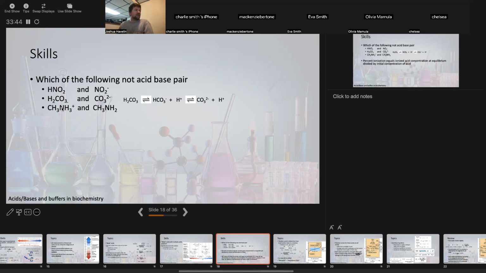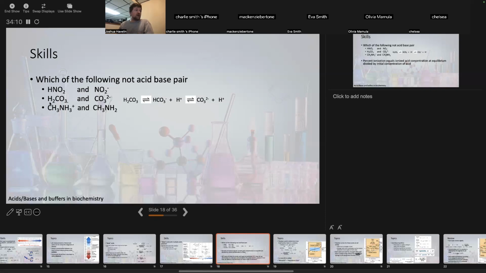CH3NH3 plus is essentially an ammonia or quaternary amine carrying an extra proton. In the right conditions, aka the right pH solution, that extra proton can dissociate out, and you can be left with CH3NH2.